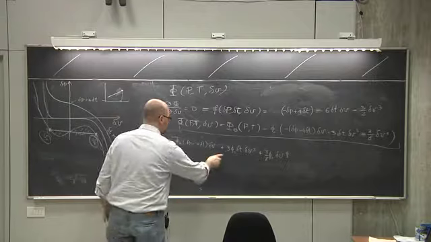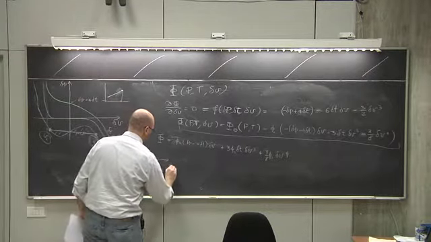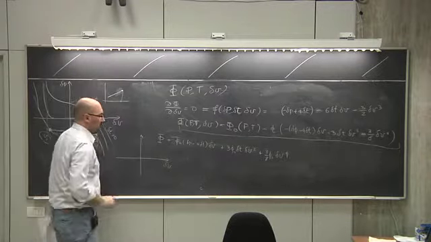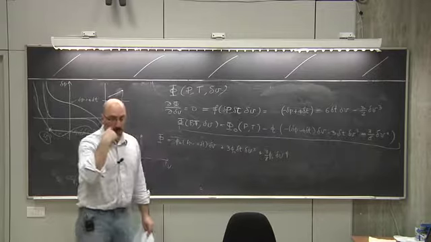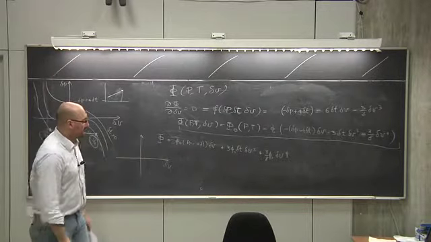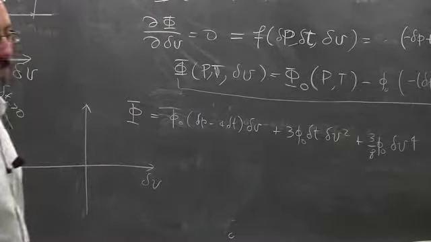So look at this function. We have to look at this function when delta v is small, right? If delta t is positive, forget for a second about this term here. Let's put delta p equal to 4 delta t.